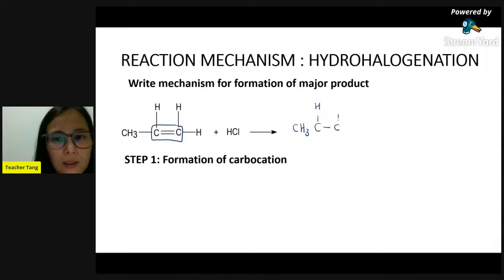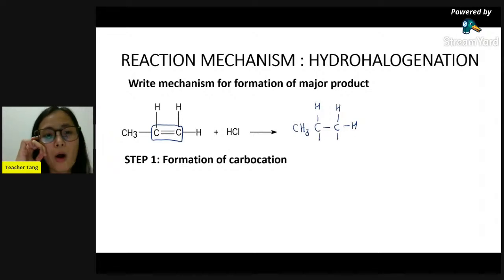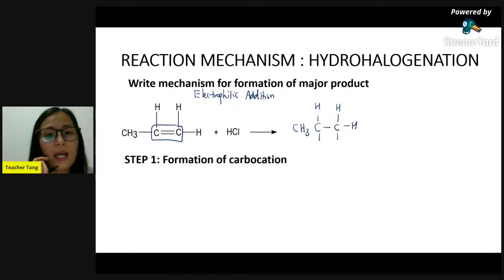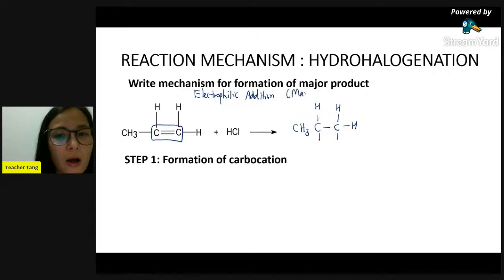The double bond will become a single bond because this is electrophilic addition. And this electrophilic addition follows Markovnikov's rule.